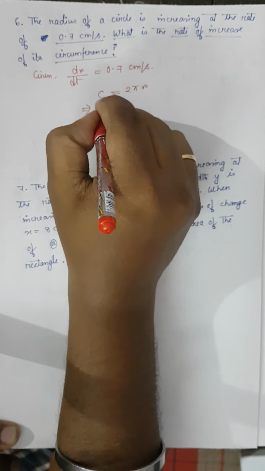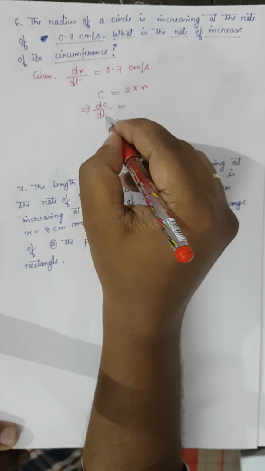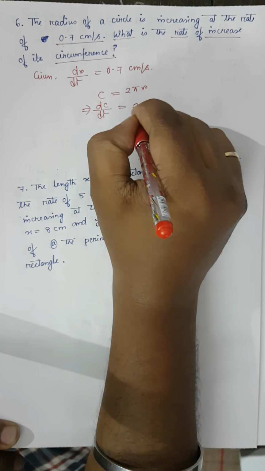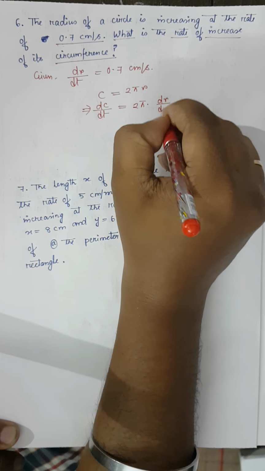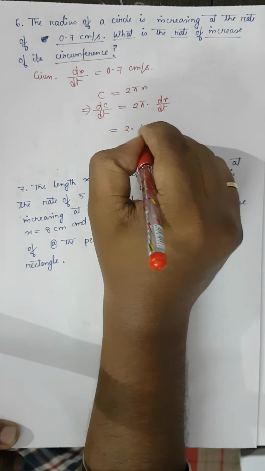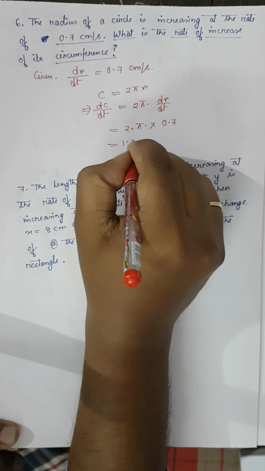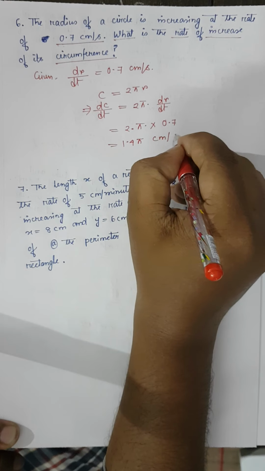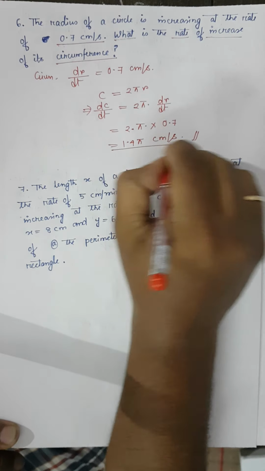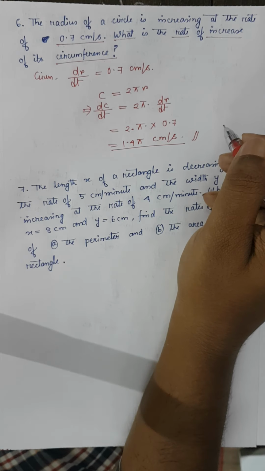Now if you find dC by dt, the rate of increase of circumference with time, it will be equal to twice pi for r it is dr by dt. Now place the values. 2 into pi into 0.7, so it is 1.4 pi centimeter per second. This is the rate of increase of circumference with respect to time.